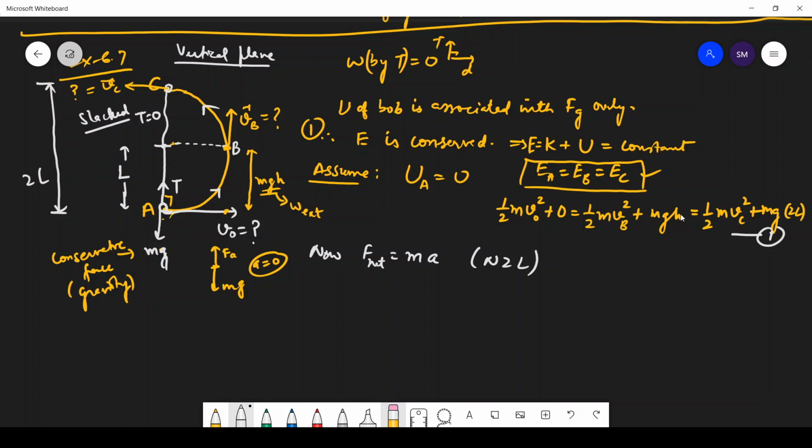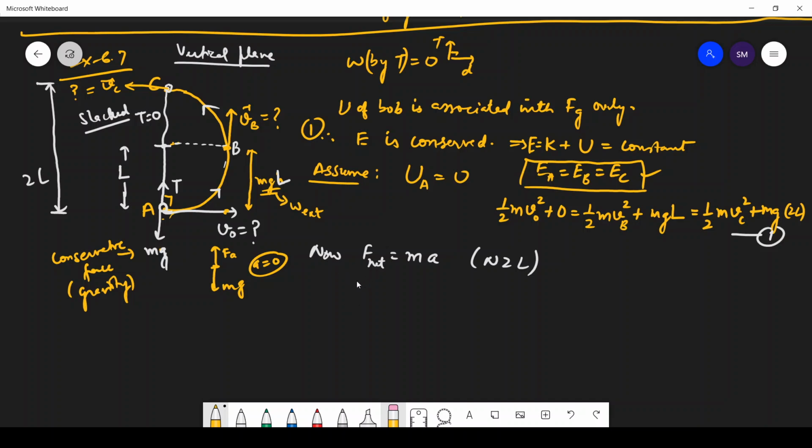Instead of h, here it is L, because L is the length, the radius, so the potential energy at B is mgL.